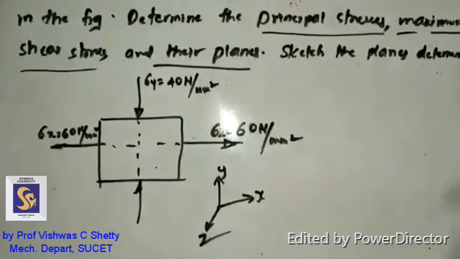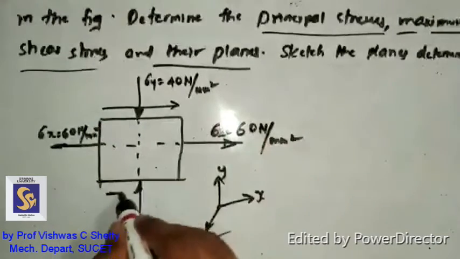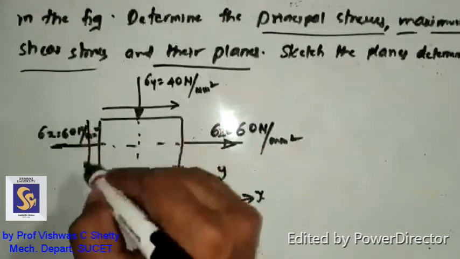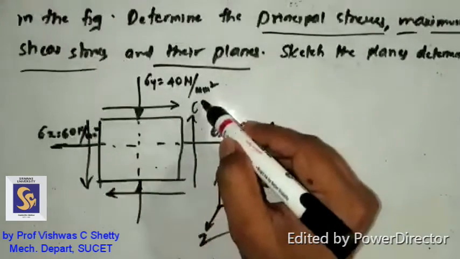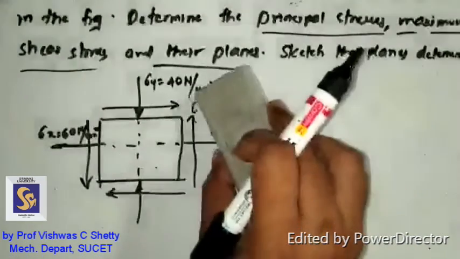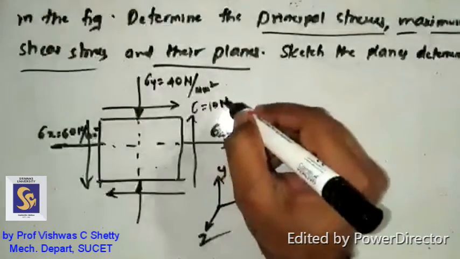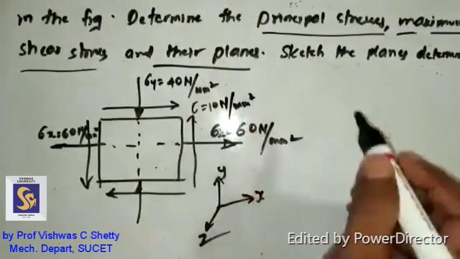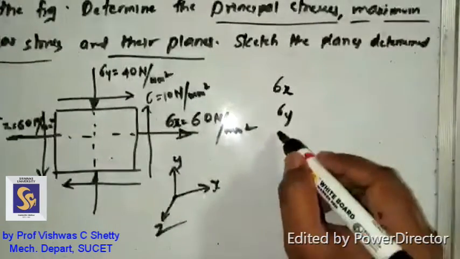Tau is also given. Shear stress 10 Newton per millimeter square. The three values are given: sigma x, sigma y, tau.